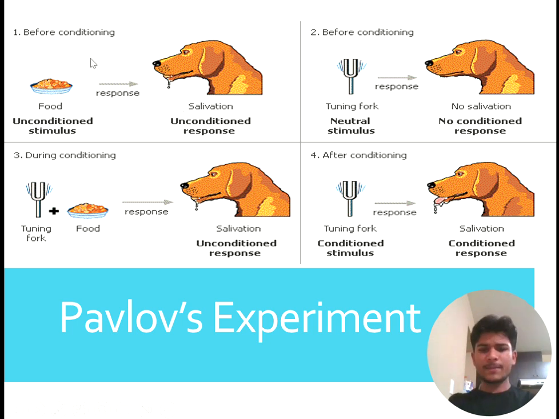To summarize this experiment, the general principle is that a neutral stimulus becomes a conditional stimulus if it is associated with the unconditional stimulus again and again.